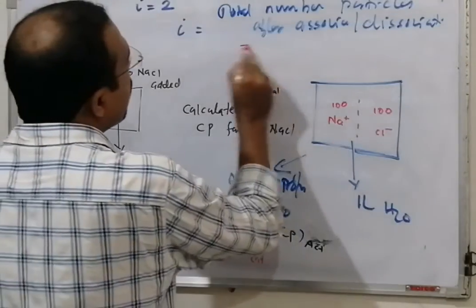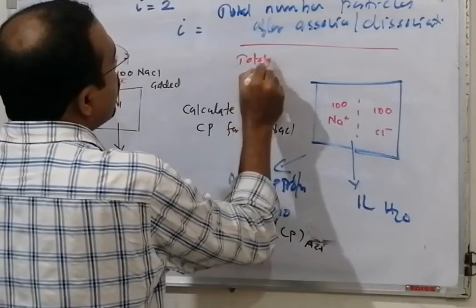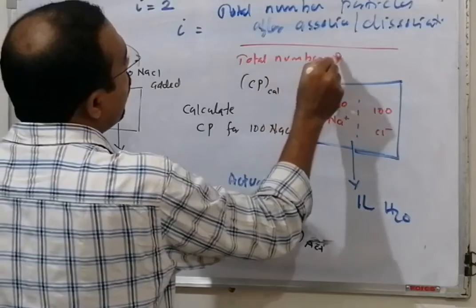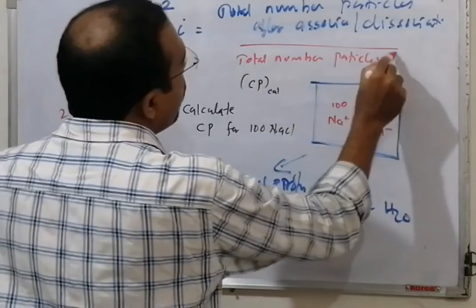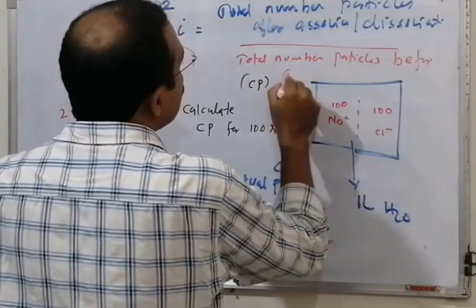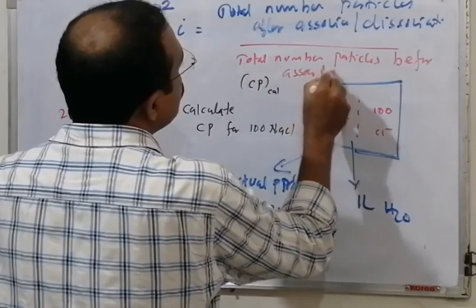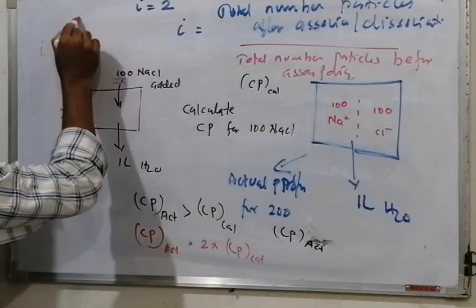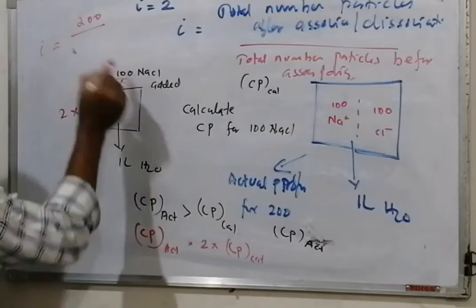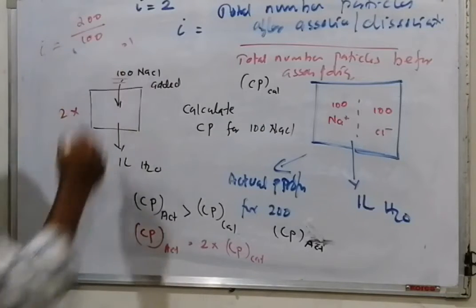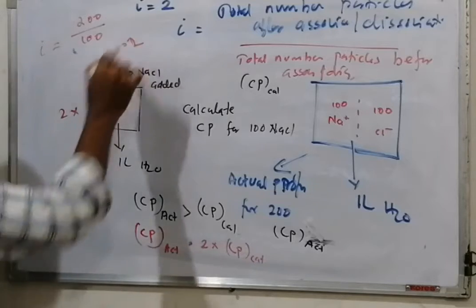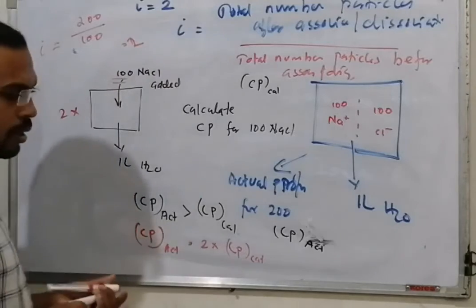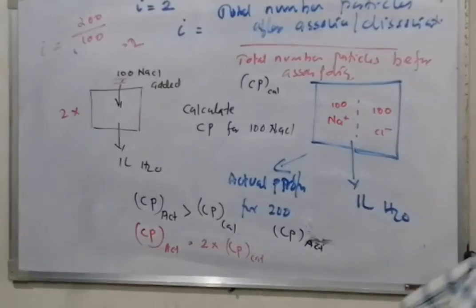Divided by the total number of particles before association or dissociation. What is that? After dissociation it is 200, before it is 100, that is 2.